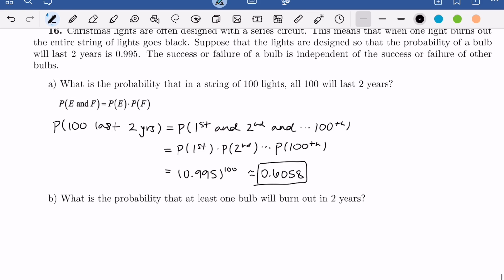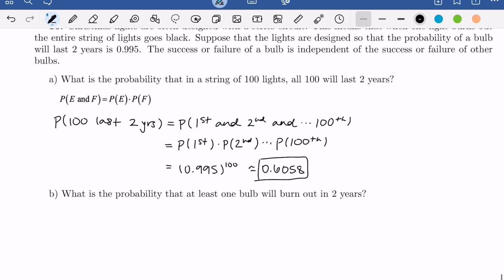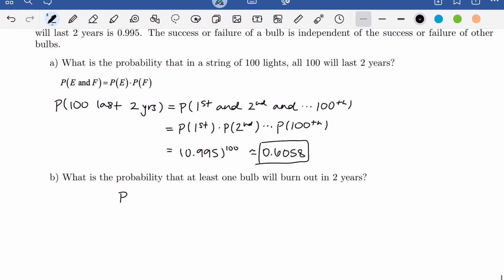Okay, now for part B, what is the probability that at least one bulb will burn out in 2 years? So we want to find the probability that at least one bulb burns out in 2 years. Well, we just found in part A the probability that all 100 will last 2 years.